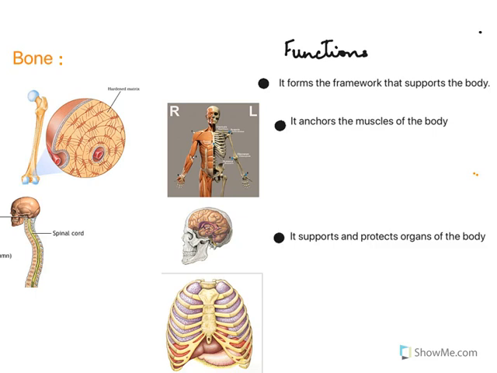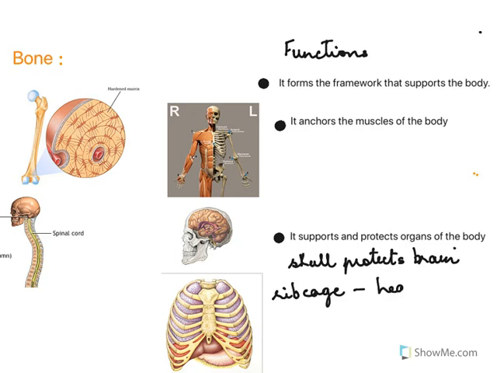It also protects the different organs. In the first picture here we see the brain is protected by the skull. The skull protects the brain. The skull is made up of bone. Here in this next picture we have the rib cage, which protects the heart.